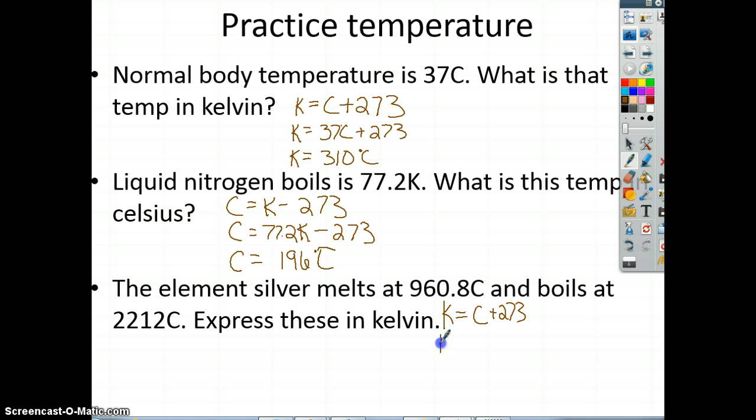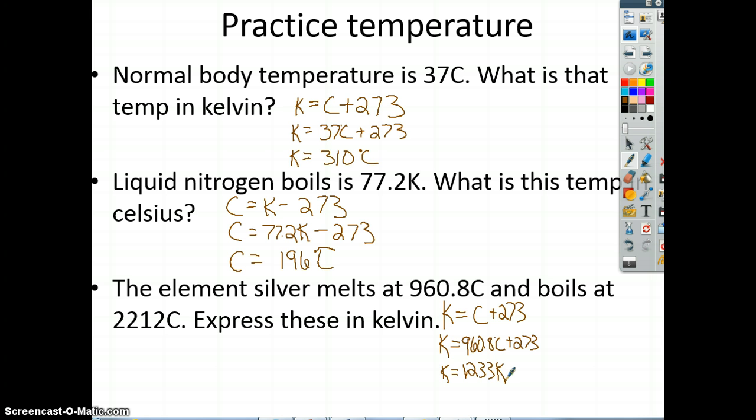I'm going to do the first one, which was 960.8 degrees Celsius plus 273. K is equal to, I'm going to put it in significant digits. I need 4 significant digits, because 960.8 has 4 significant digits.